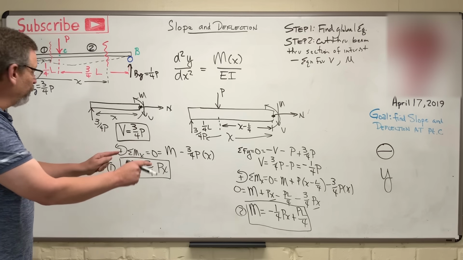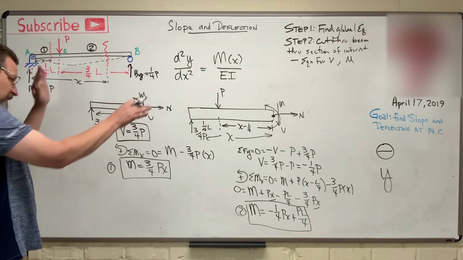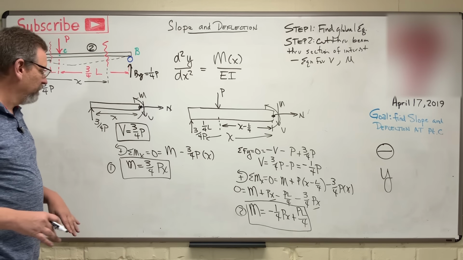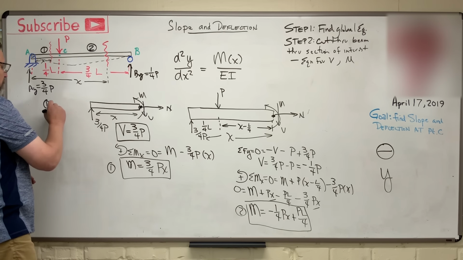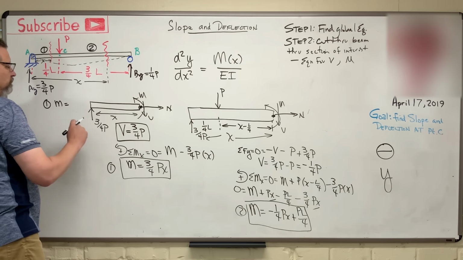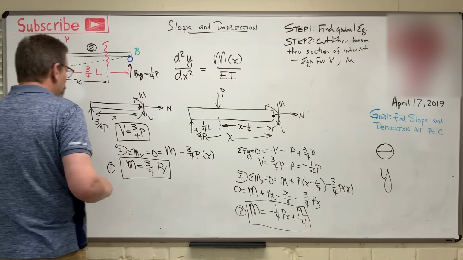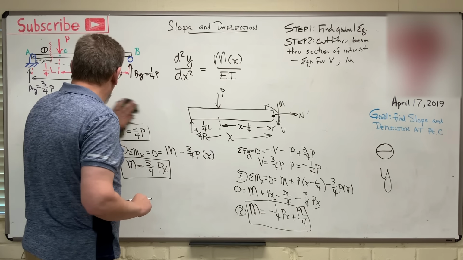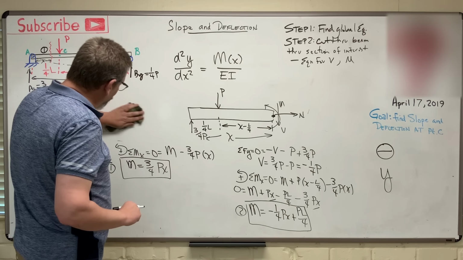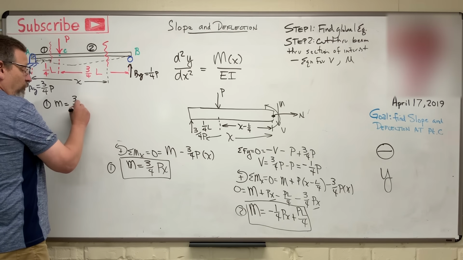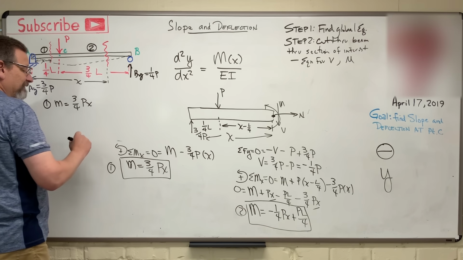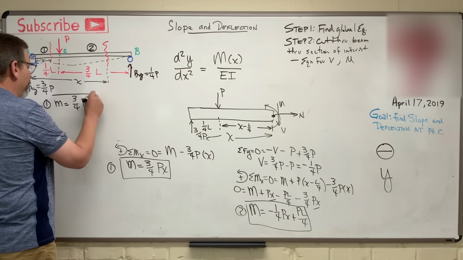I'm going to write those two equations over here, and then I can erase that and we'll reuse it. So number 1 moment equation is M equals 3/4 P times X. There's one of my equations.